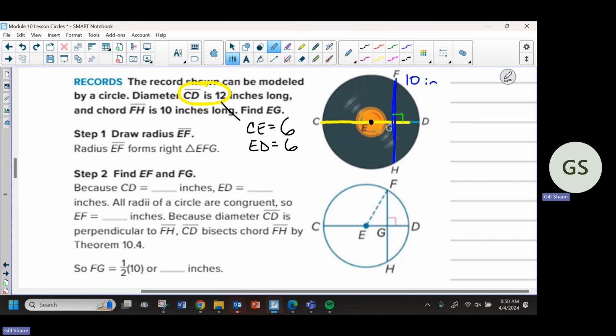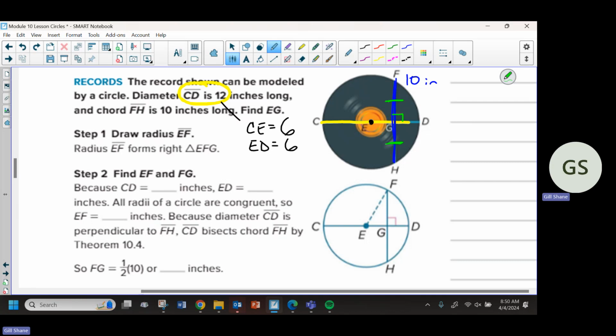I guess you just have to see that it's really lightly written. I could barely see it on mine. Hopefully it looks more obvious in yours. So if I know I have a diameter, I know I have a right angle, what does that mean happened? Yeah, bisected. Bisected the arc. So that's also bisected, but it's not about arcs. So that is congruent to that, which means what is FG?